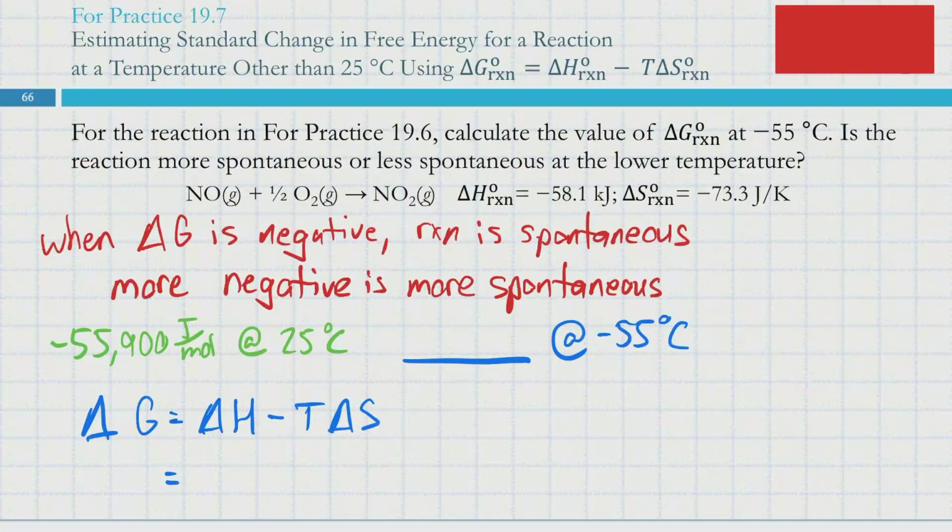So we've got, for delta H, negative 58,100 joules. The thing that we've changed here is our temperature. So negative 55 Celsius is about 218 Kelvin.